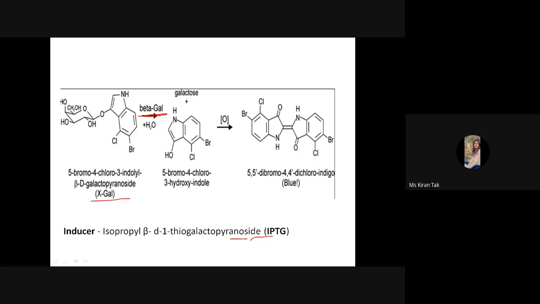When it is present, it will express beta galactosidase, and when the substrate is present, that is X-gal, it will be converted into 5-bromo-4-chloro-3-hydroxyindole, and with galactose it will form a blue color compound. That means if the beta galactosidase enzyme is active, a blue colony will be formed.